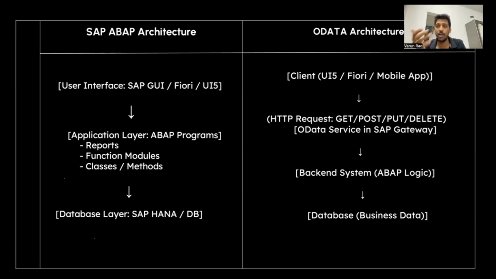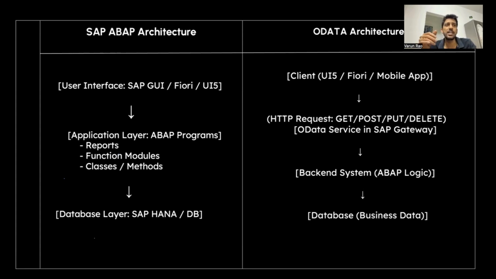Now, when we talk of OData architecture, it is a bit different when you compare it with the architecture of ABAP, because in OData, as I said, we majorly work on get, post, put, and delete kind of operations, right?